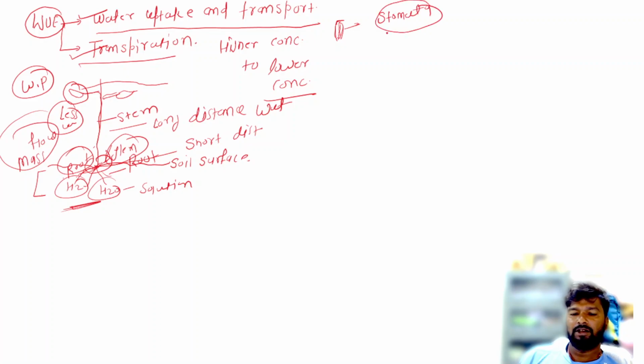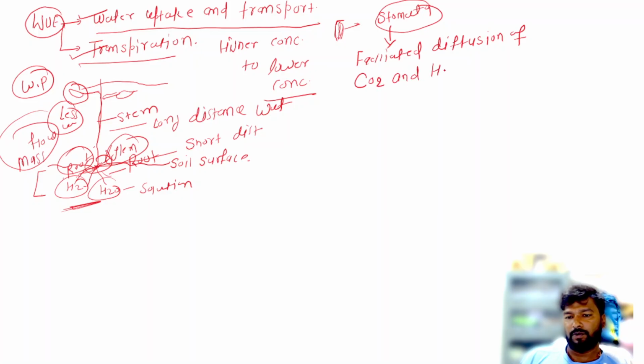Okay, so these stomata are important for the facilitated diffusion of CO2 and H2O. So the stomata are crucial for CO2 fixation or transpiration.